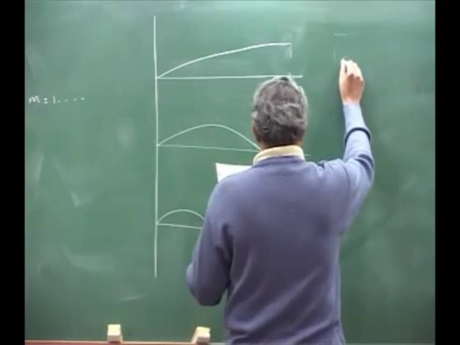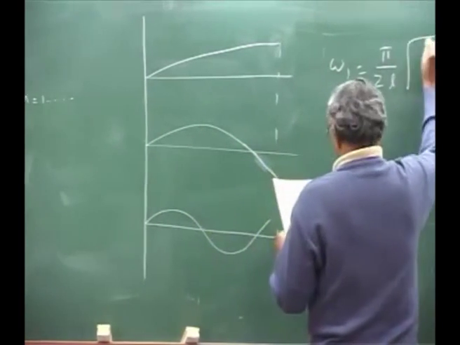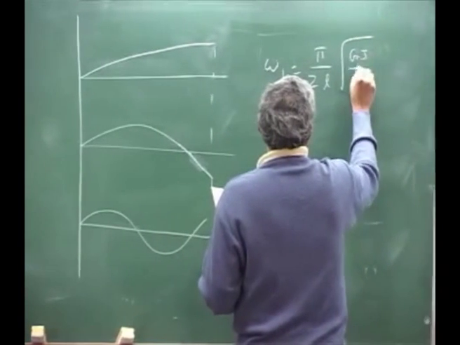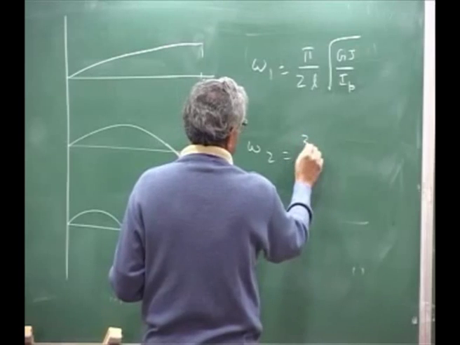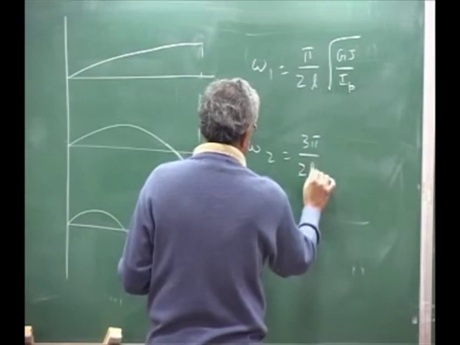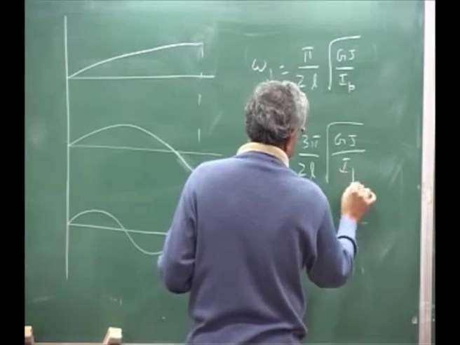So ω1 is π over 2L root of GJ by Ip. ω2 is 3π over 2L root of GJ over Ip.